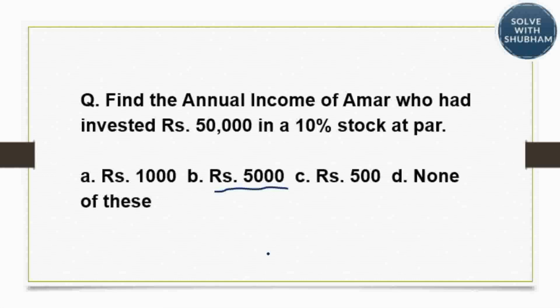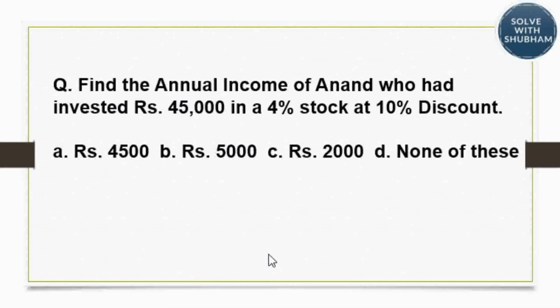So at par means your face value is equal to market value. When you say at premium, your market value is higher than face value. Now next, find the annual income of Anand, who had invested rupees 45,000 in a 4% stock at 10% discount.